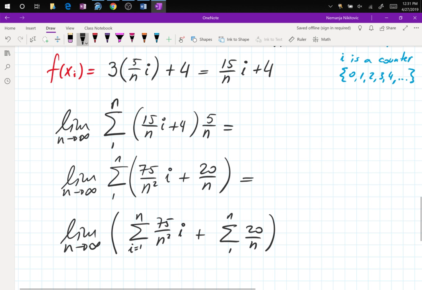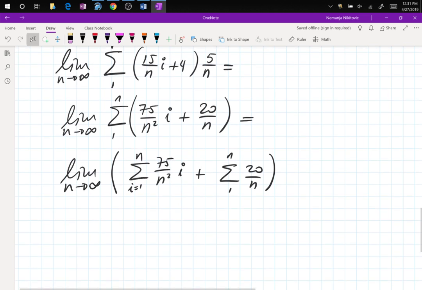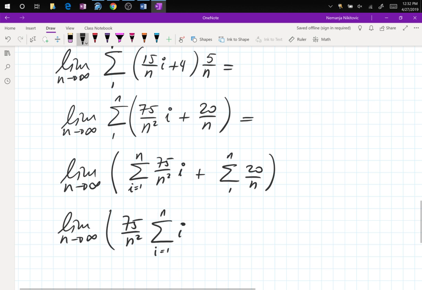Then we get to kick in front of the summation anything that has no I variable in it, because it's constant. So we have 75 over n squared times summation of I from 1 to n, plus 20 over n gets kicked out, and now you have summation of just 1.